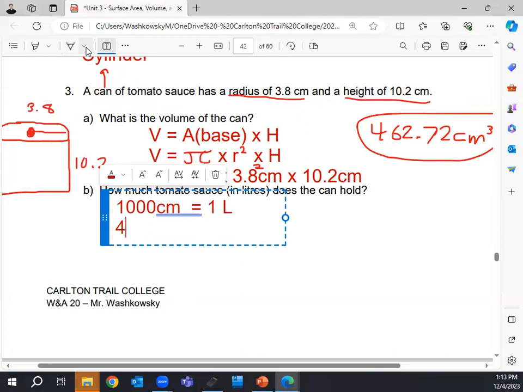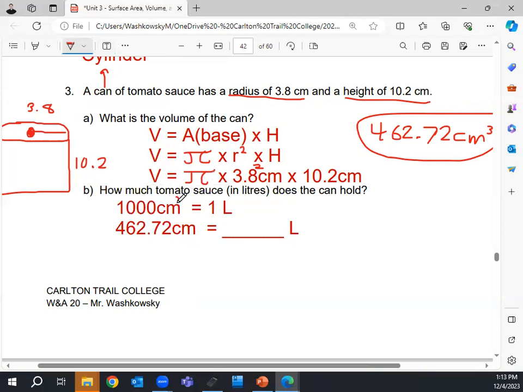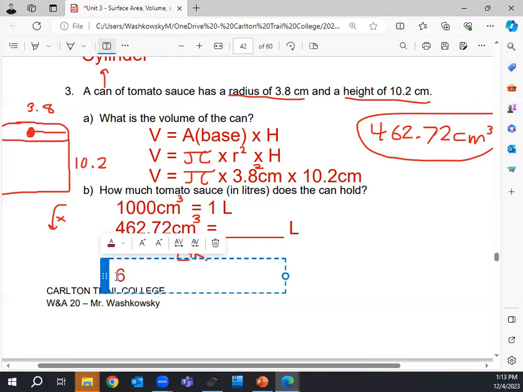So you can either set it up like the ratio problem, cubed and cubed, where 1,000 times some number is going to give it to me, or I can just take what I have, 462.72 centimeters cubed, divided by 1,000.